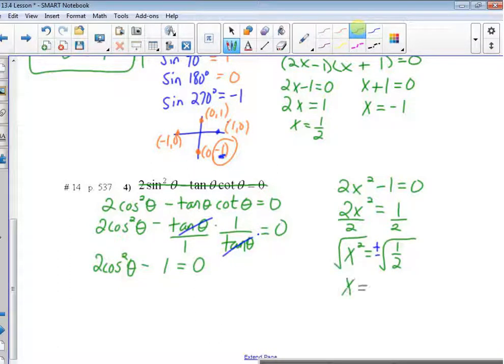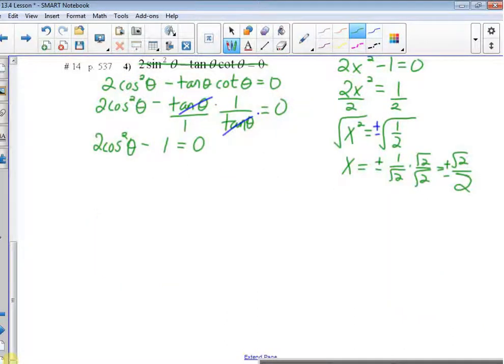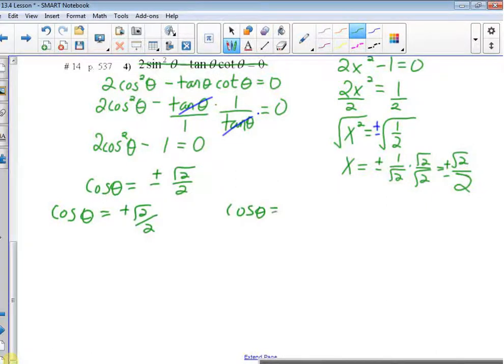So we get x is equal to plus or minus 1 over radical 2, which when we rationalize is radical 2 over 2, plus and minus. So we really end up with cosine theta is equal to plus or minus radical 2 over 2, which gives you cosine theta is equal to positive radical 2 over 2, and cosine theta is equal to negative radical 2 over 2.